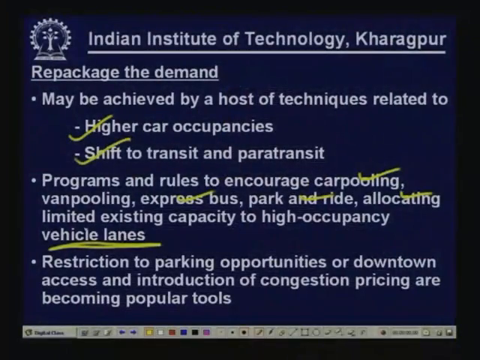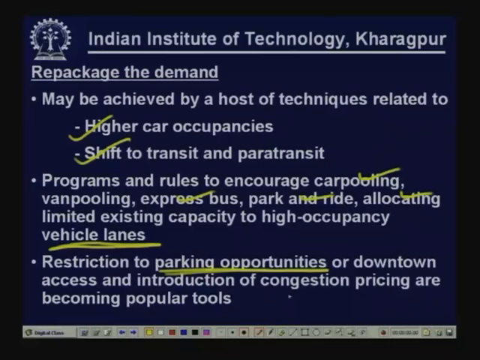Similarly, in van pooling, one vehicle and so many people are traveling in that same vehicle. This kind of repackaging may be encouraged by putting restrictions on parking opportunities. If you take the vehicles, parking space is limited, you may not get a parking space, or you may have to park your vehicle at a much distant place, or there may be some kind of parking charges.